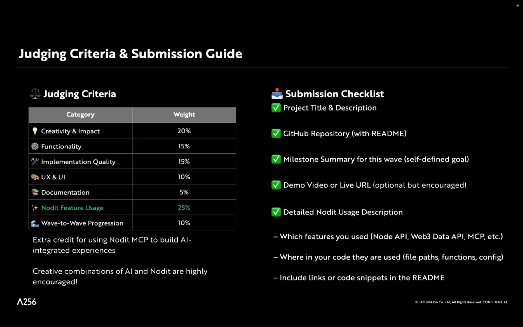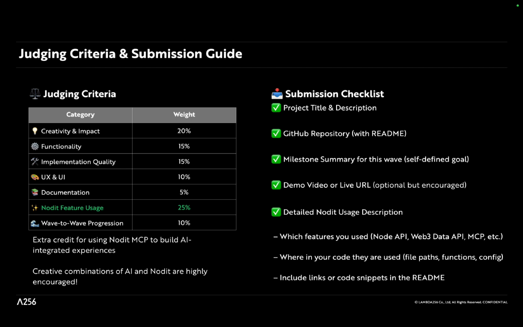Let's go over how your project will be judged and how to make a submission for each wave. First, the judging criteria. You will be evaluated on a mix of creativity, functionality, technical quality, UX, and documentation. But the most important thing is that we're going to look at how well you use Nodit features in your project.